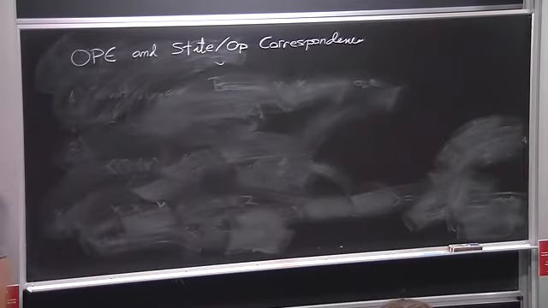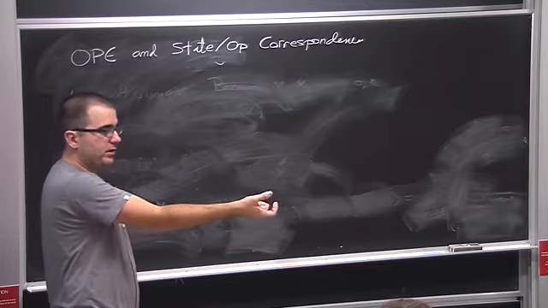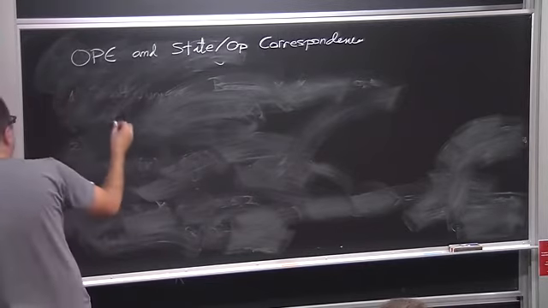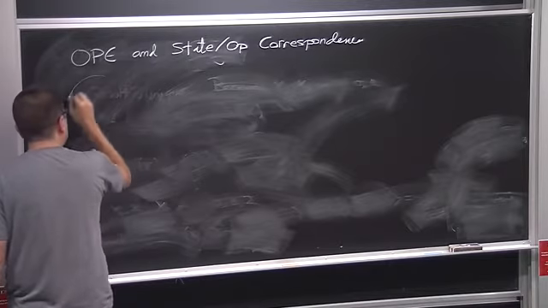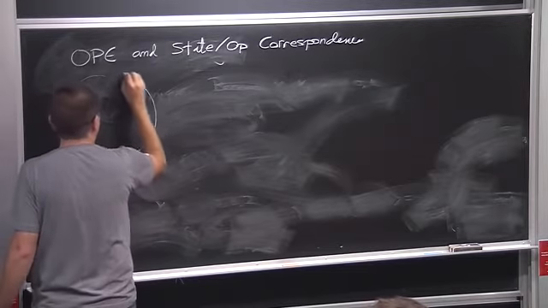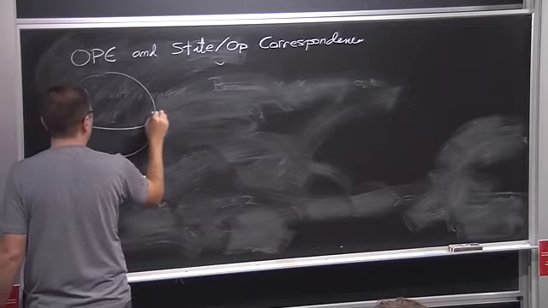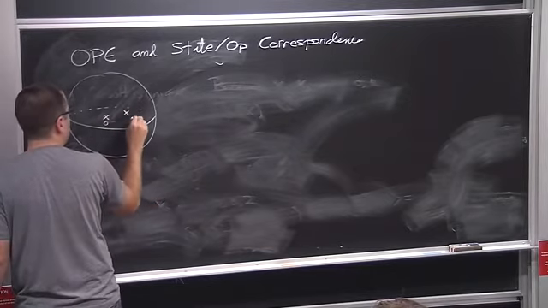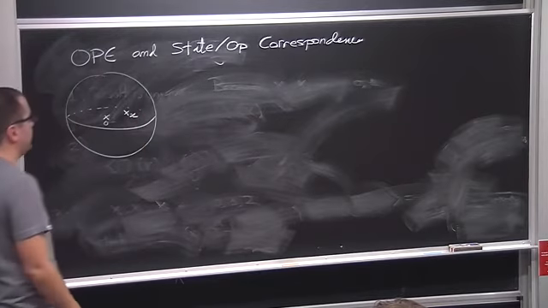Okay. So the basic idea is that if we have two operators and we see them from very far away, they look like one operator. If you have 2 points and you look from very far away, it looks like 1 point. So what we want to do is the following. We want to take a sphere and consider 2 operators at 2 points inside that sphere. One, say, at the origin and one at some point x.